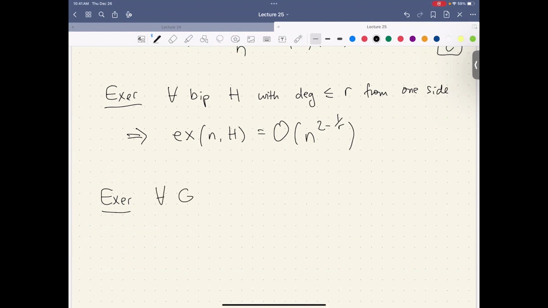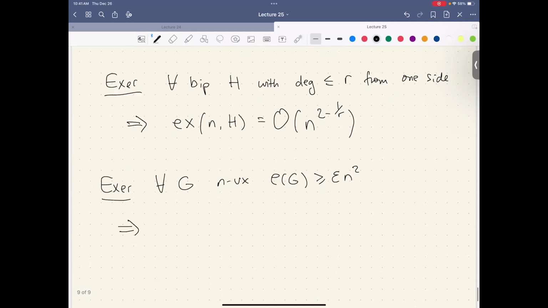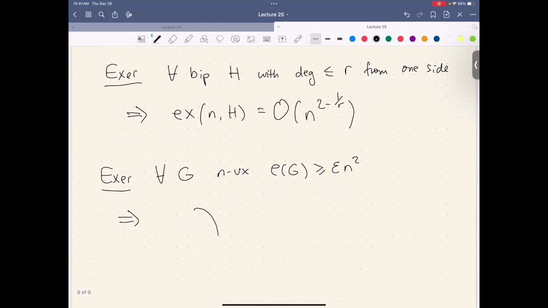For any graph G with n vertices and the number of edges at least epsilon n squared, prove that there is a complete bipartite graph X, Y.